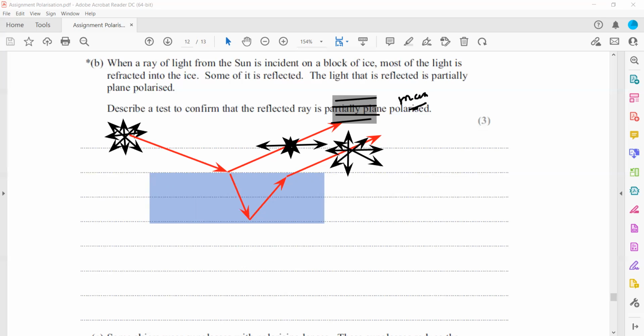Then we start to rotate, and if we rotate it by 90 degrees, there will be no light. Then again we rotate by 90, there will be light again. So we rotate the polarizing filter, and after every 90-degree rotation, the intensity of the light completely changes. It will be minimum, maximum, minimum, maximum.